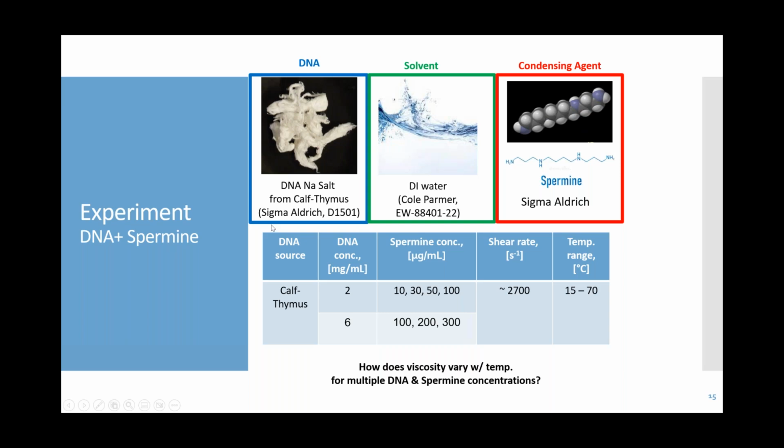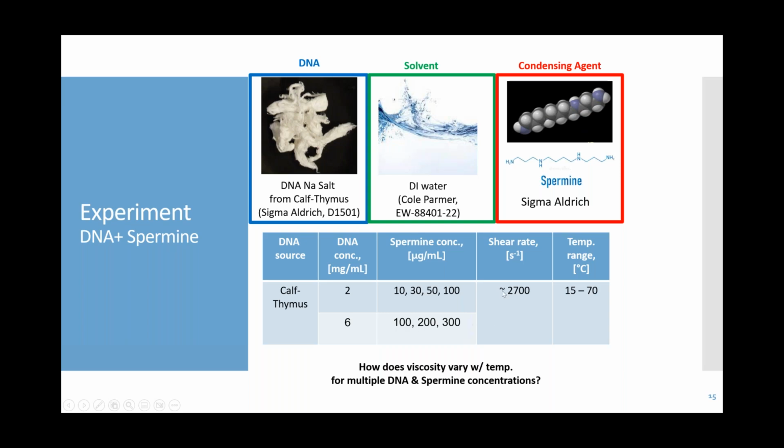In order to understand the effect of condensing agents, we prepared solutions containing DNA and condensing agent in DI water. The condensing agent we used for these experiments is called spermine. So we prepared 2 different DNA concentrations, including 2 and 6 mg per ml DNA, and then added various amounts of spermine to them.